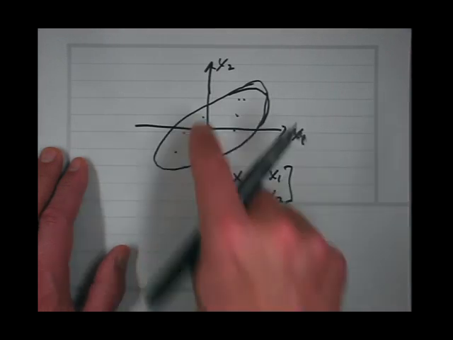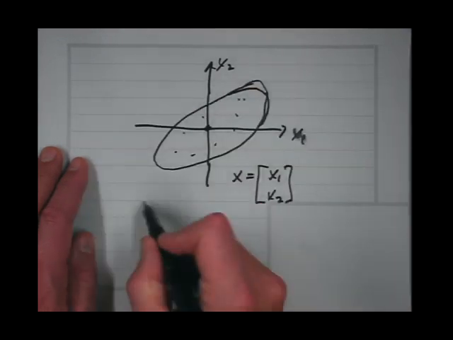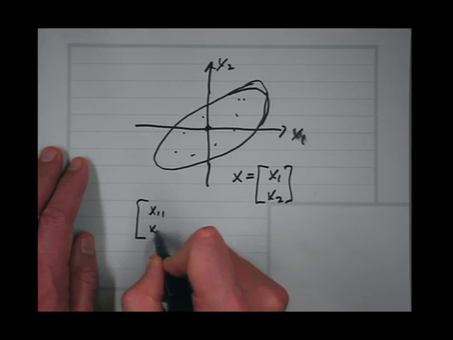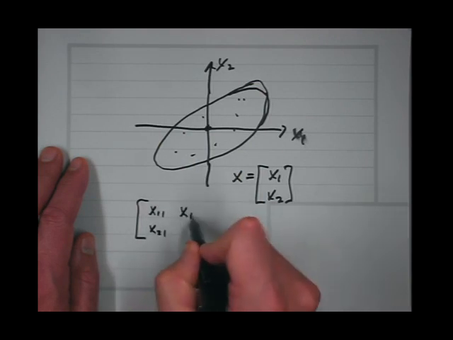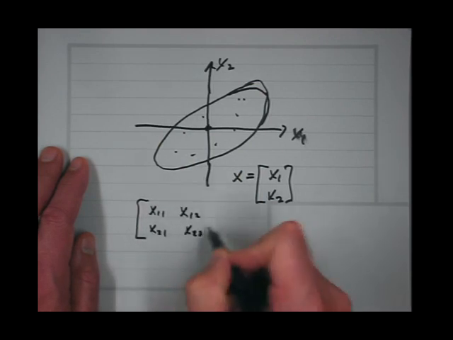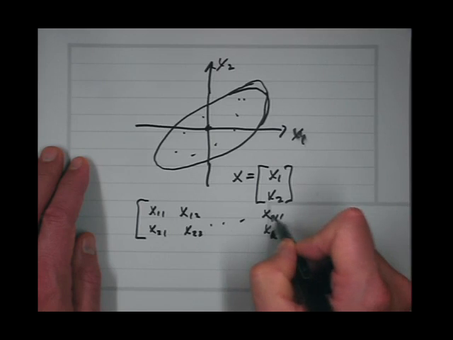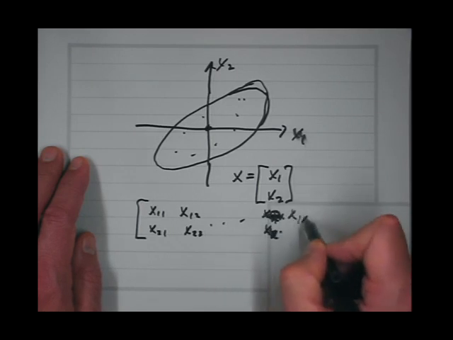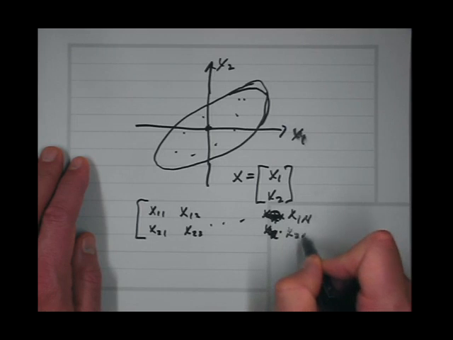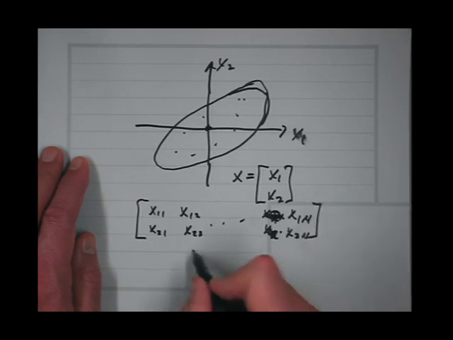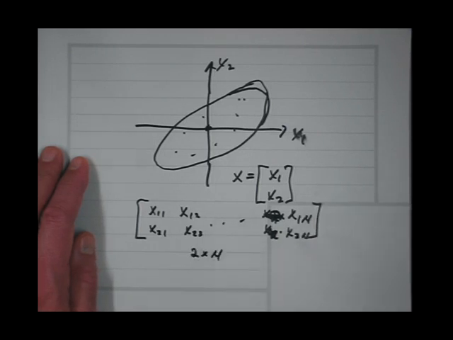You get (x1,1, x2,1), then (x1,2, x2,2), and so on up to (x1,n, x2,n). So this will be a 2 by n matrix.